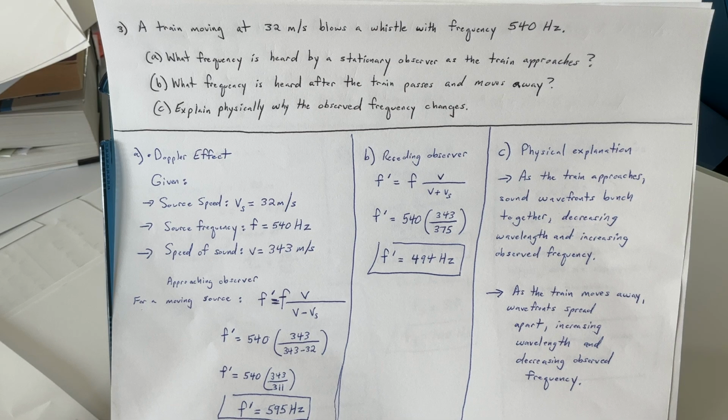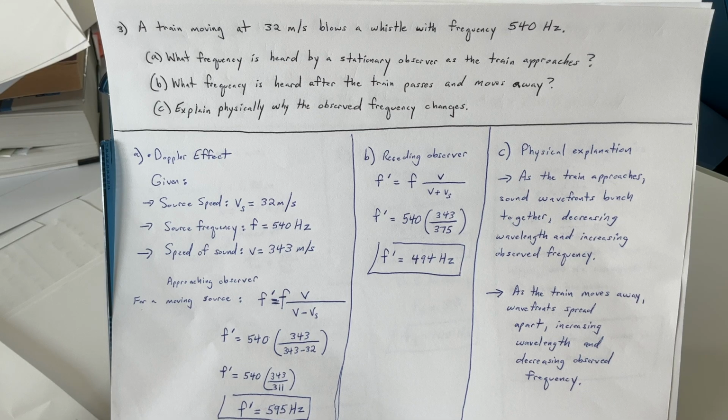For the receding case, it's the sum instead of the difference in the denominator. So f′ equals f times v over v plus v_s. Substituting what we know, we get 494 hertz. That's for letter B, the frequency heard after the train passes and moves away.